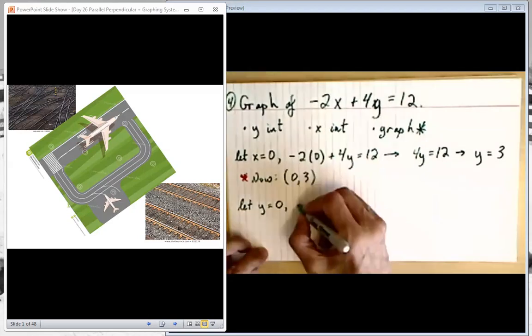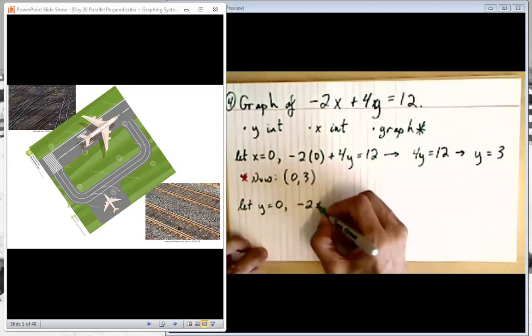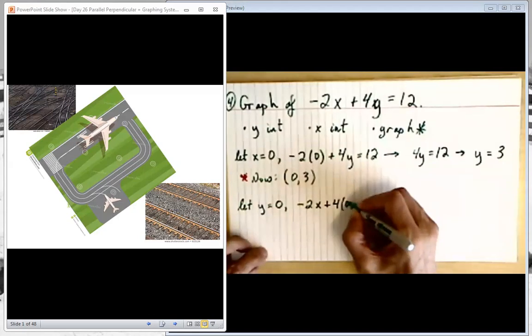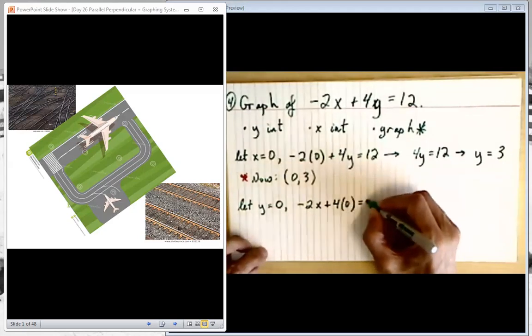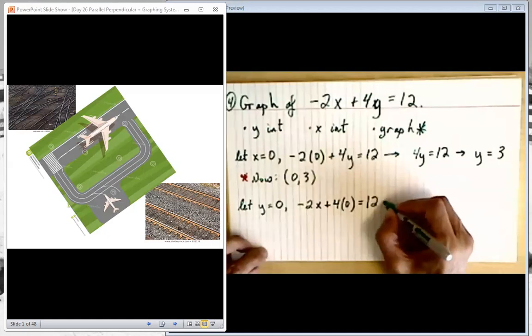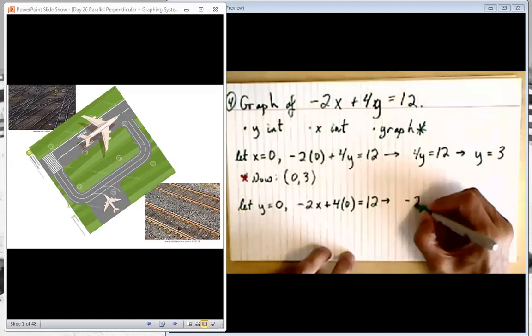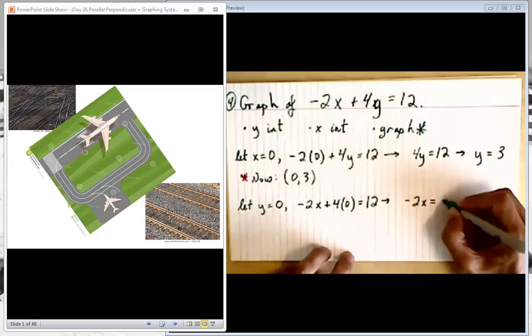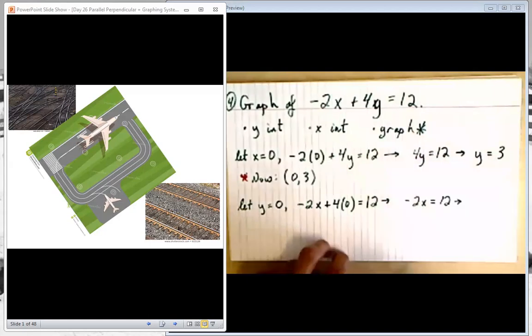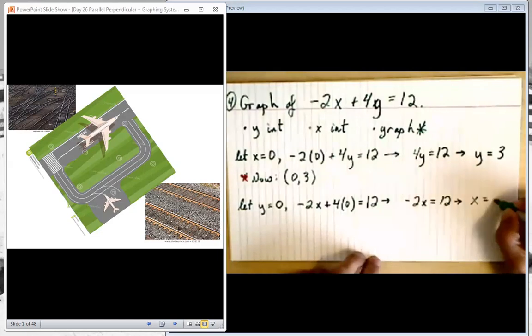Plus 12. Yeah. Okay. That's true and good. So we have our 4 times 0 over there. Yeah, we get minus 2x now is equal to 12. Fantastic. Yeah, the clever answer, 12 over minus 2.